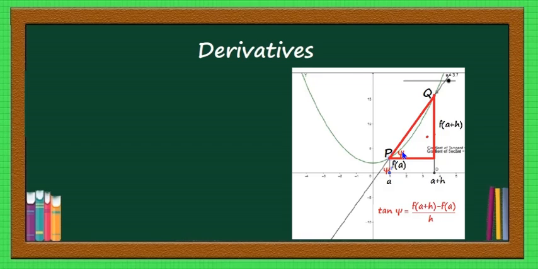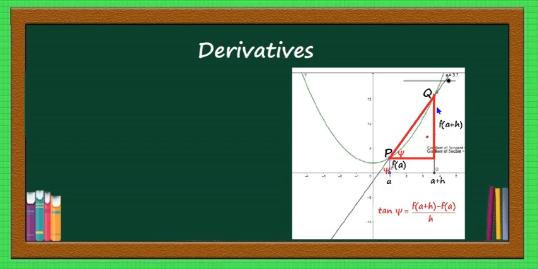Suppose this angle is psi, and if you draw a line which passes through PQ, the angle made by that line with the positive x-axis is also psi. And therefore tan psi gives the slope of this line joining PQ. Here line joining PQ is a chord of this parabola, and tan psi gives the slope of this chord.